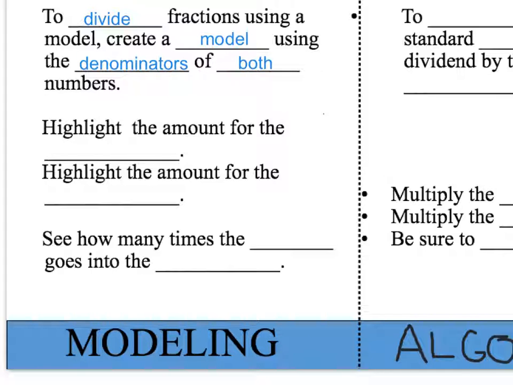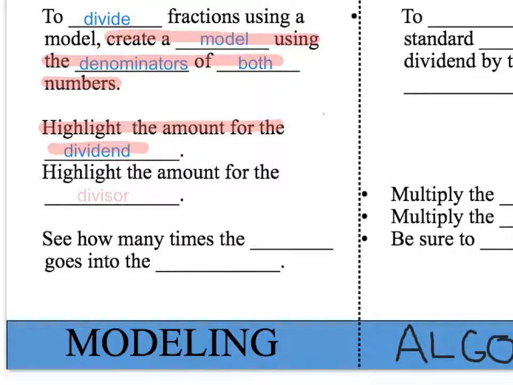So to divide fractions using a model, create a model using the denominators of both numbers. And when you do this, make sure you create the model for the dividend first, and then create the model for the divisor second. Then our next step is to highlight the amount for the dividend.